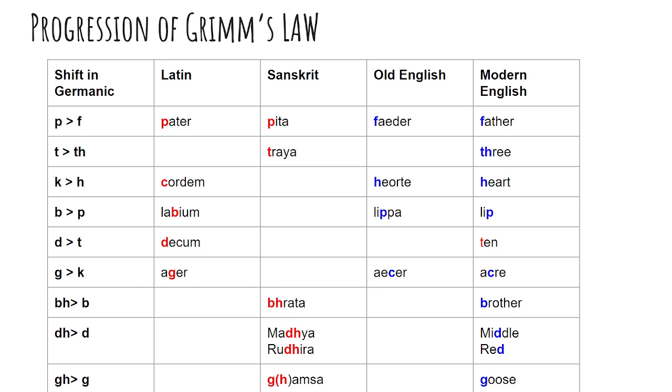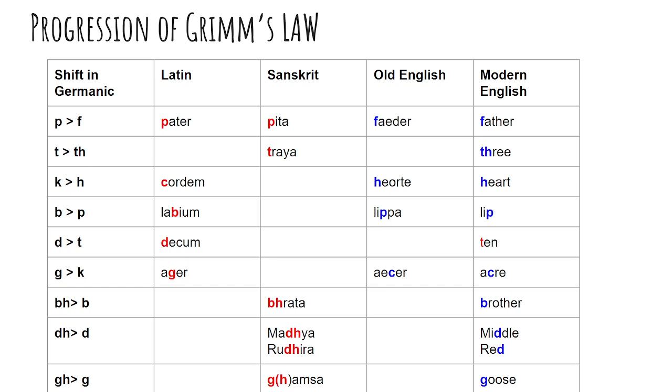Here we see that the b sound becomes p. In the Latin word decum, which is the Modern English variant 10, we see that d becomes t. In the Latin word ager, which means acre in Modern English, g becomes k.